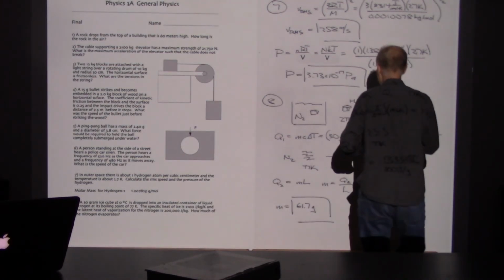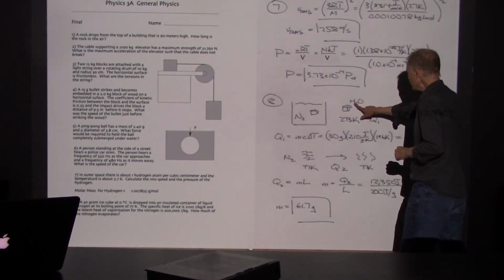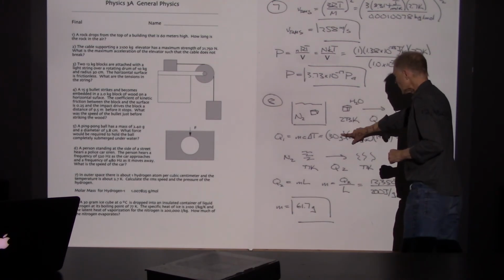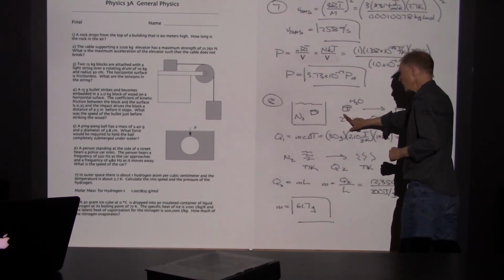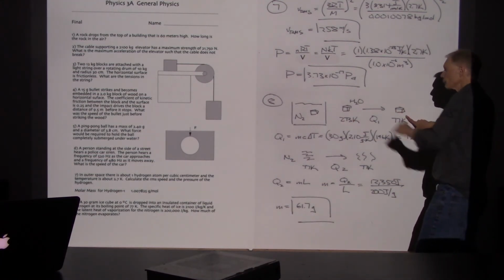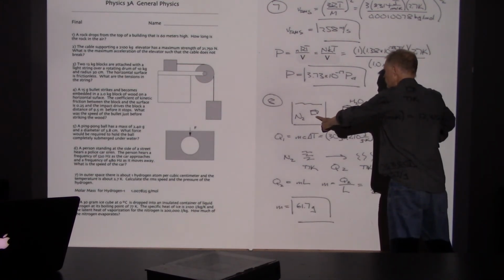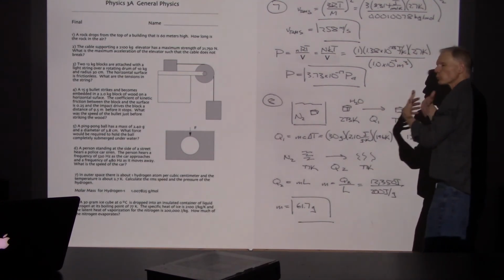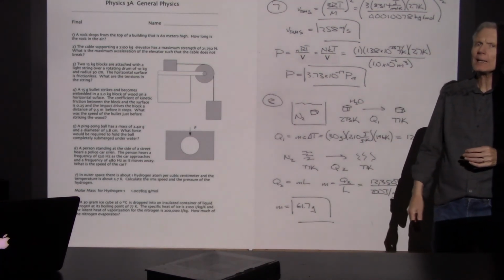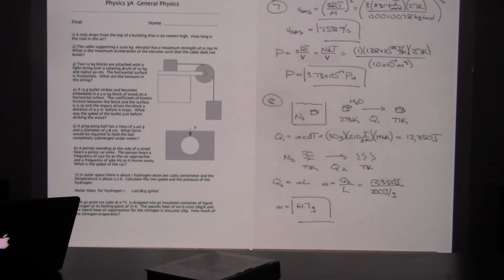So let's think about the process here. We're taking a little block of ice, 30 grams, starting at 273 kelvins, and I'm dropping it into this liquid nitrogen. That is going to release a lot of heat into the liquid nitrogen.